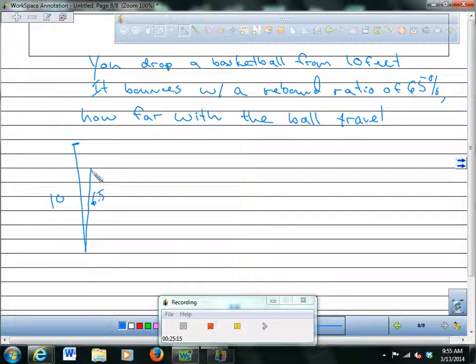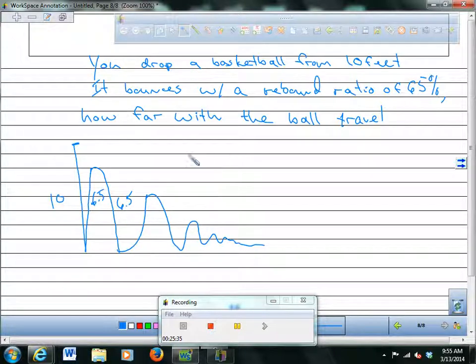And then it's going to fall down 6.5, and then it's going to bounce up to 65% of that, and then it's going to keep going and keep going. You say, well, the ball will just keep bouncing forever, but it turns out that it actually approaches some finite distance that it travels. Now this one's kind of tricky because if you drop it from 10 feet, it only drops 10 feet once.